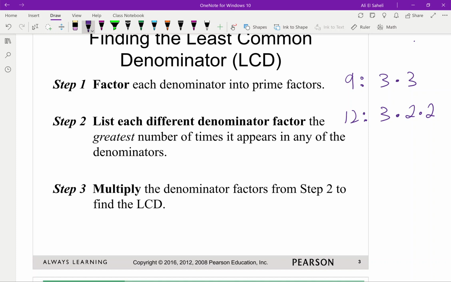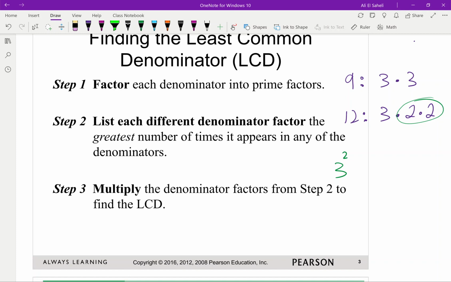List each different denominator factor the greatest number of times it appears in any of the denominators, this or this. Alright, so start with the first one. In the first one, 3 appears twice, so you have 3 squared. And the second one, 2.